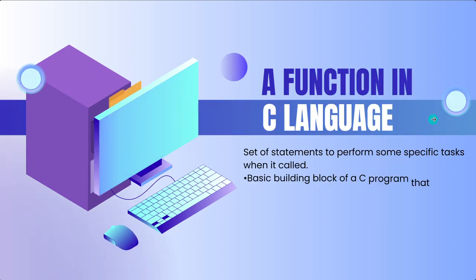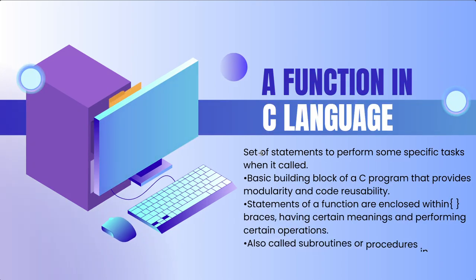So, a function in C language. A function is a set of statements to perform a specific task when it is called. They are the basic building blocks of C language that provide modularity and code reusability. Statements of a function are enclosed within curly brackets, performing certain operations, also called subroutines or procedures in other languages.